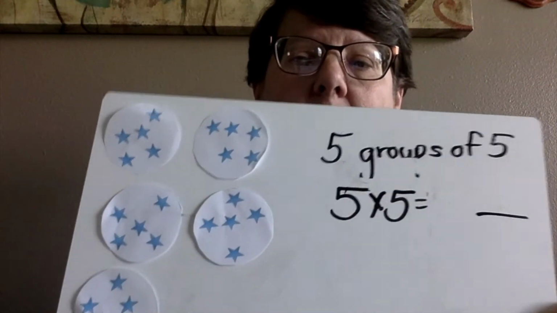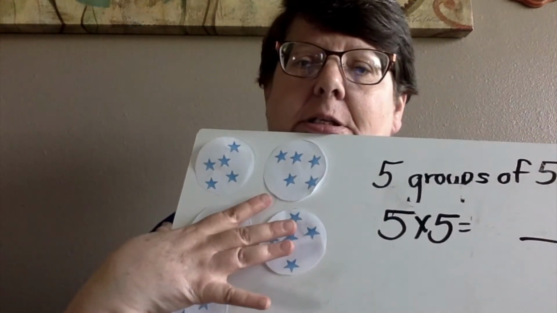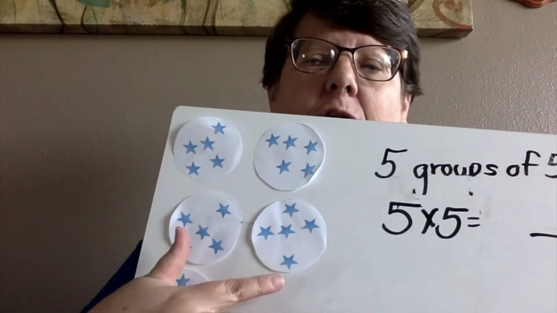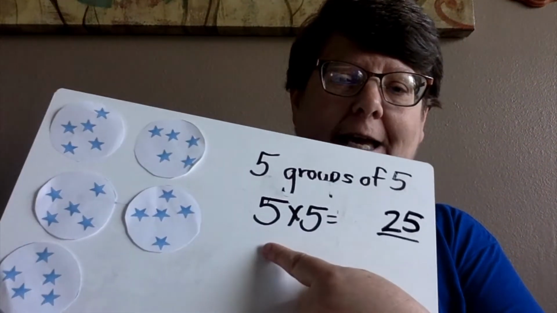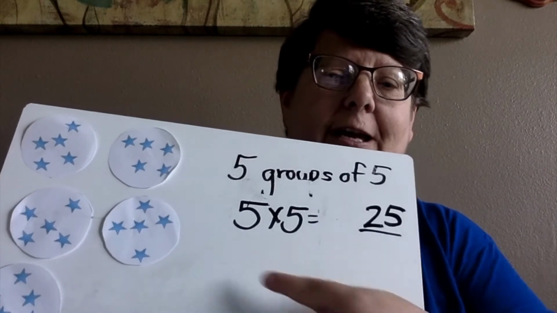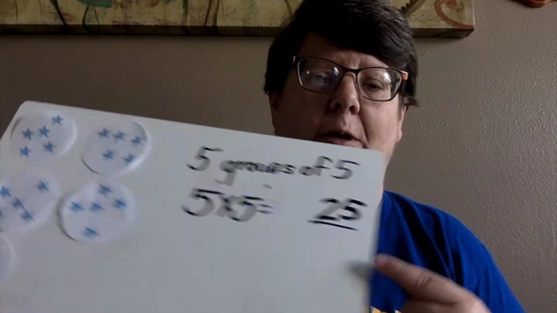If you're not sure, you can count each group by 5s. 5, 10, 15, 20, 25. 5 times 5 equals 25. So I wrote the multiplication equation. 5 times 5 equals 25. 5 groups with 5 in each group equals 25.